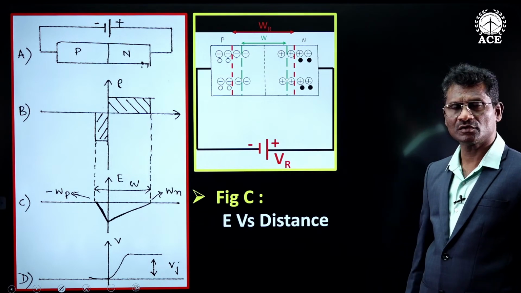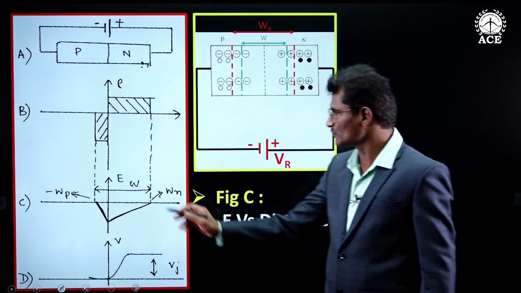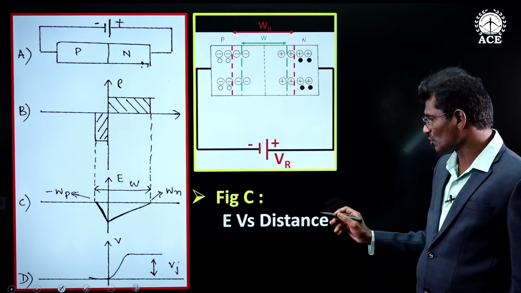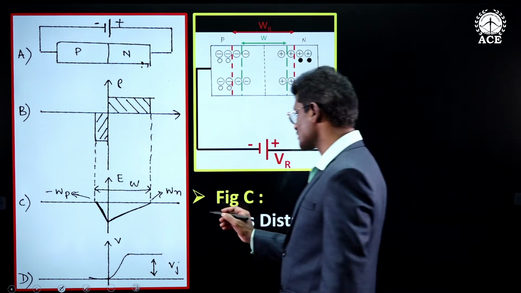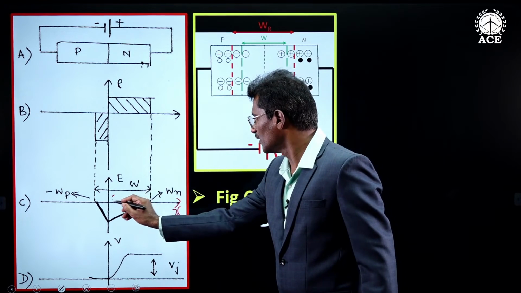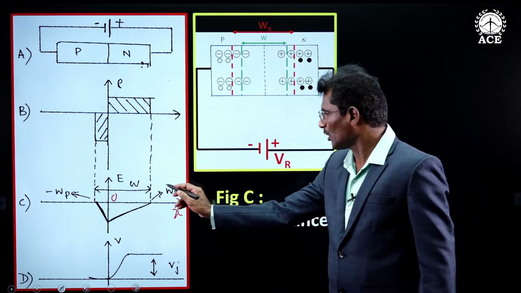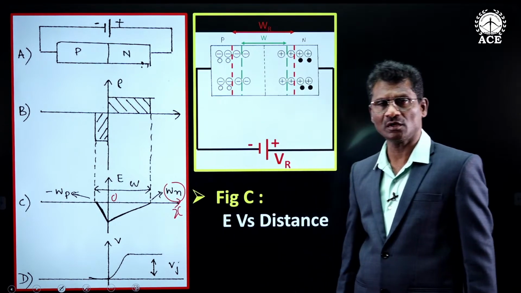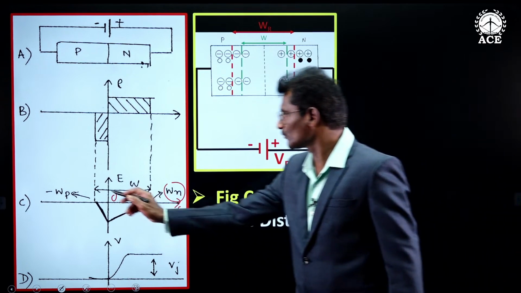Before finding out that integral constant, we will look at a graph, that is figure C, which is drawn for electric field versus distance. As I said earlier, x-axis is distance and this central point is origin. Wn, hope you can recall, penetration of depletion region into N side.